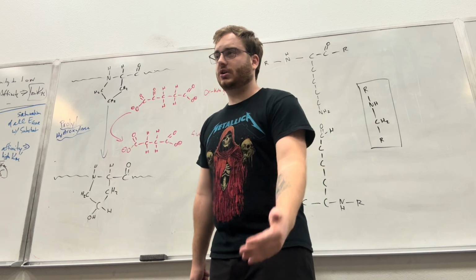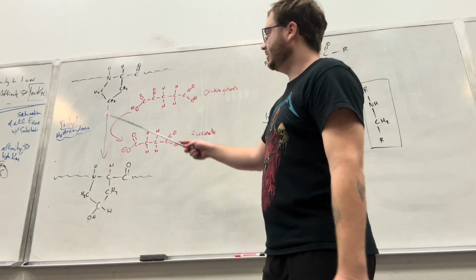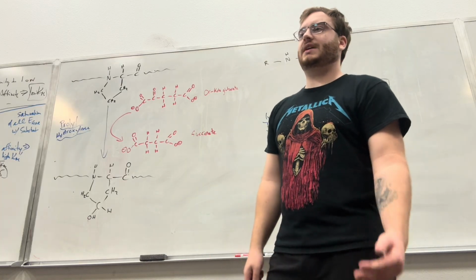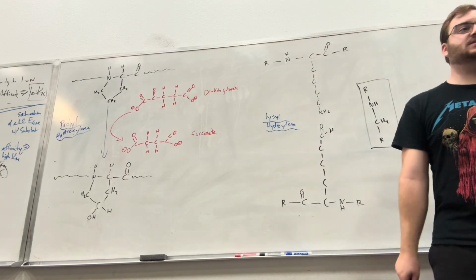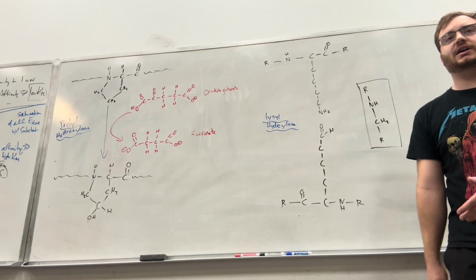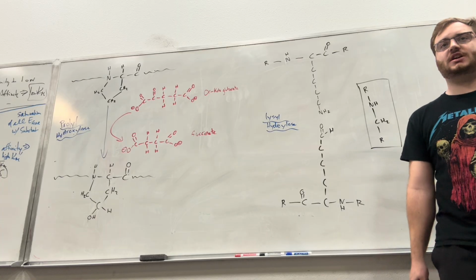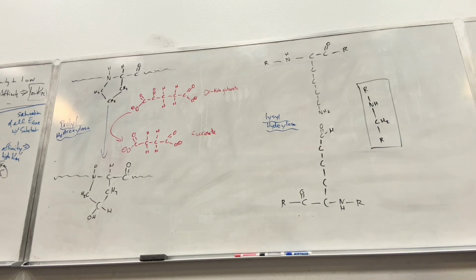How are we going to make it more advantageous? We are going to change this to an OH. If it has an OH, then it can participate in hydrogen bonding, which in turn will highly stabilize our chains. So how am I going to do that?